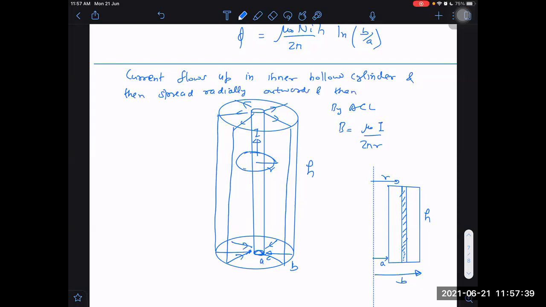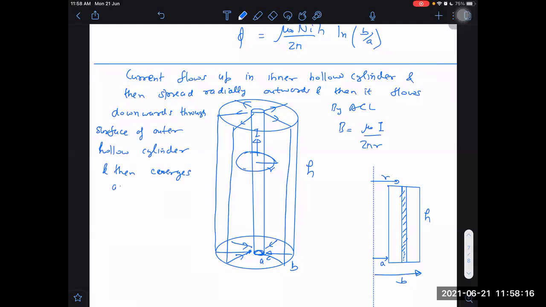And then it flows downwards to the surface of the outer hollow cylinder. And then it converges. As shown.